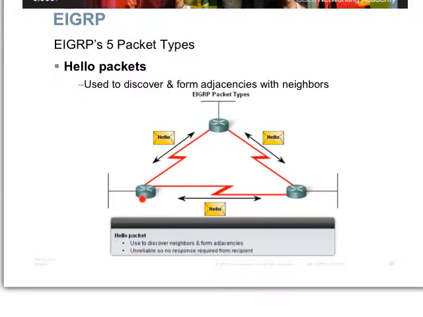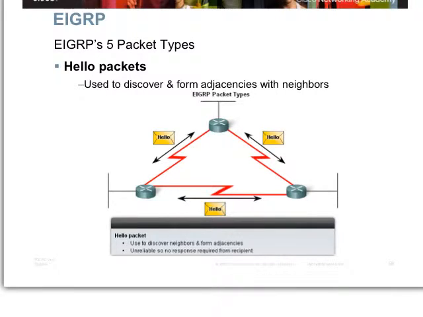If for any reason I start EIGRP with process ID 1 here, process ID 2 here, and process ID 1 here, all of a sudden this router will have this as a neighbor, and this router will become a different router. It's an alien router. I don't know it.